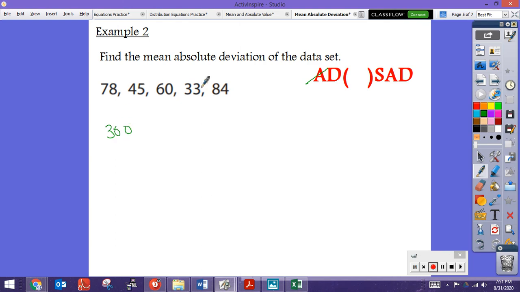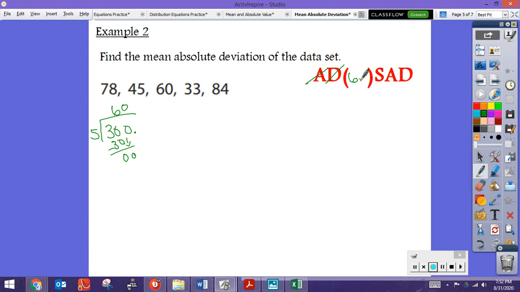You have 5 numbers here, and so now you're going to divide. I'll go ahead and do some long division. How about that? 60.